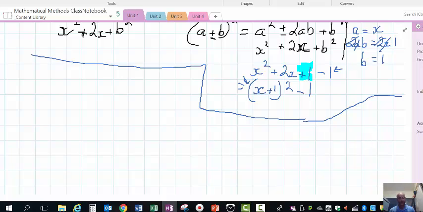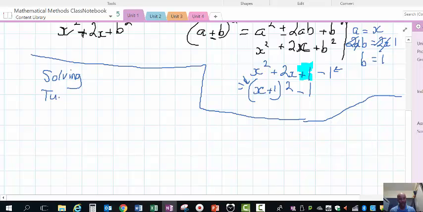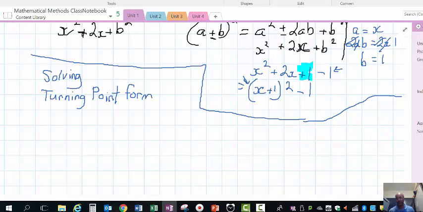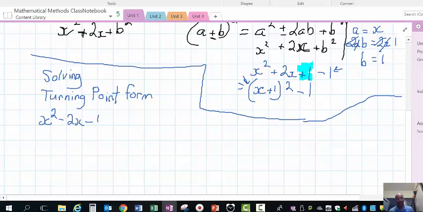So it's useful for solving quadratics and converting into turning point form, which is coming up in our course very soon. They're not the only two reasons, but they're certainly two emergent reasons.